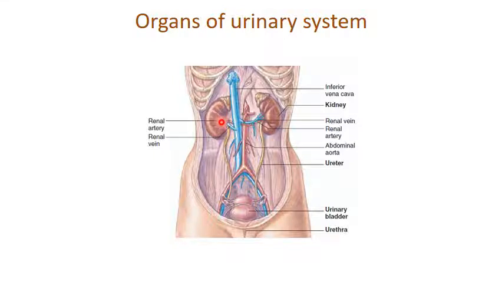Urine produced by each kidney is collected in a central cavity called as renal pelvis, through which then urine is drained into the ureter and it is taken through the ureter into the urinary bladder, where it is kept stored until it is passed out through urethra.